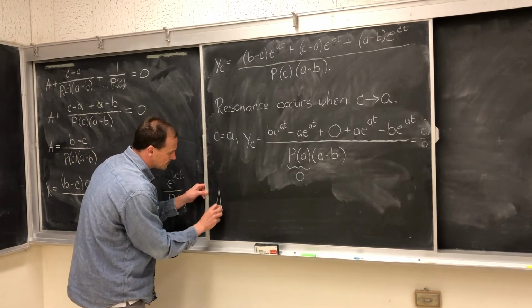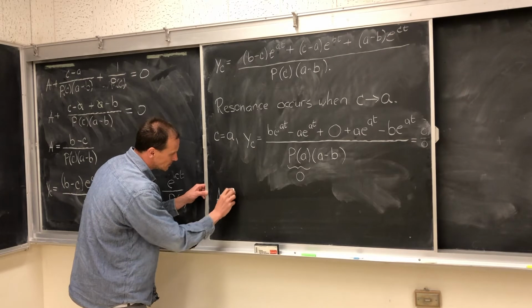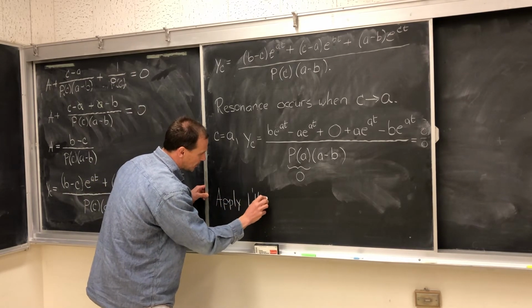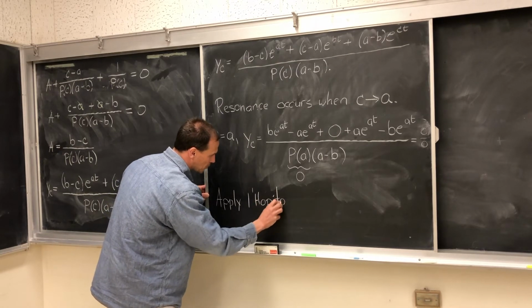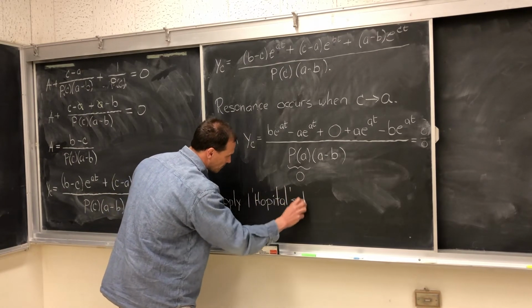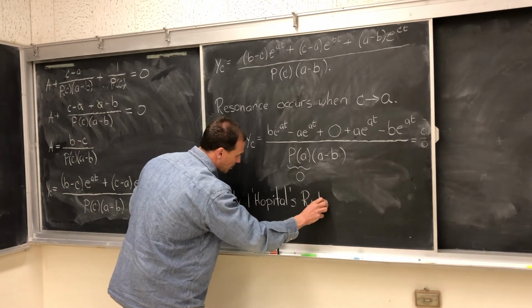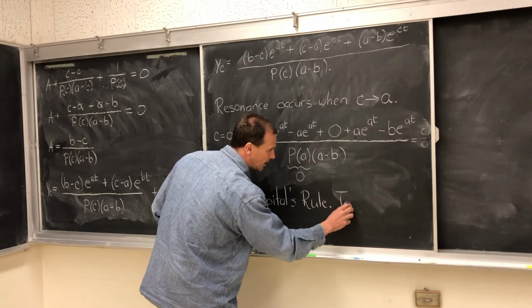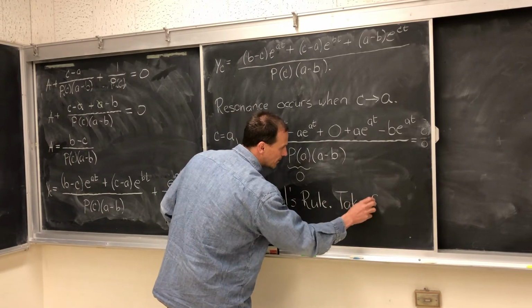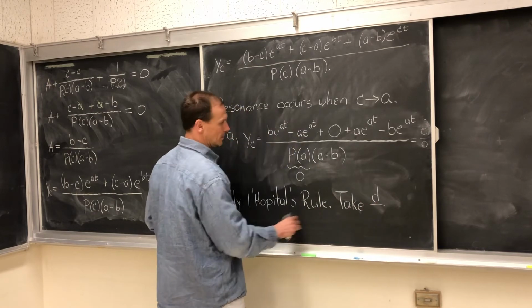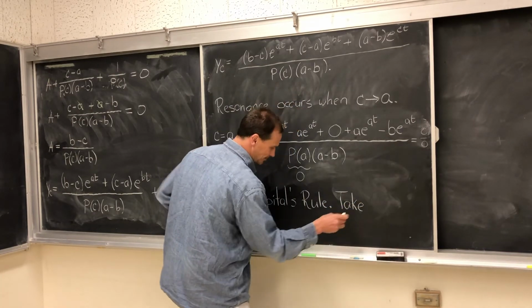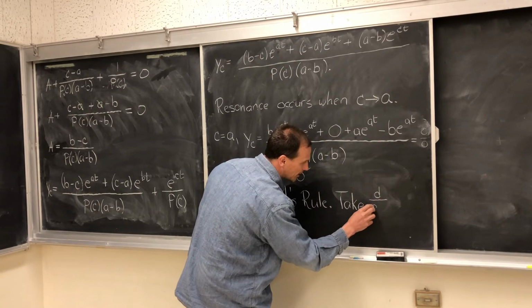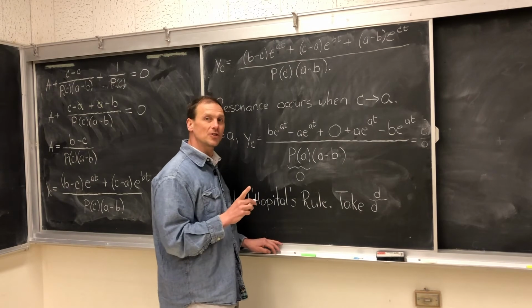We're going to apply L'Hopital's rule, and what we'll do is take the derivative of both the numerator and the denominator, but we're going to do it with respect to what's changing.